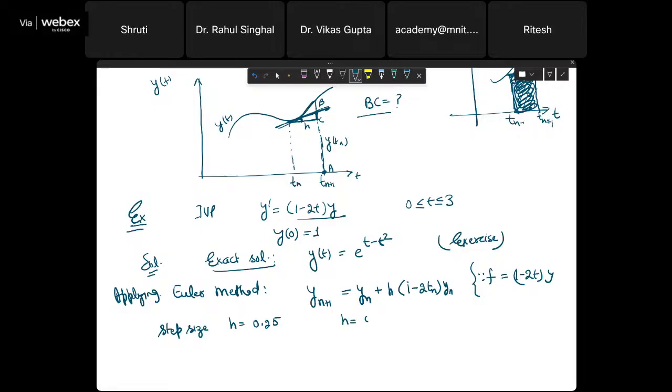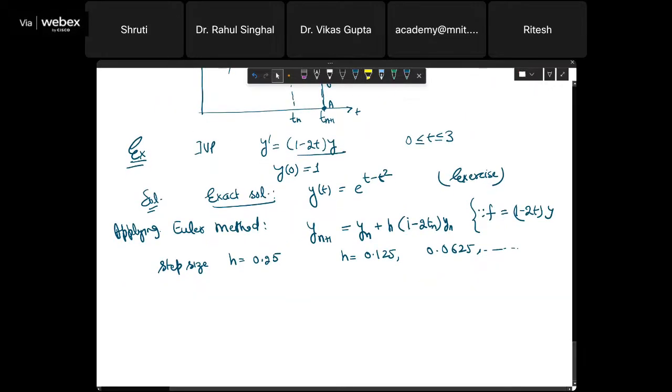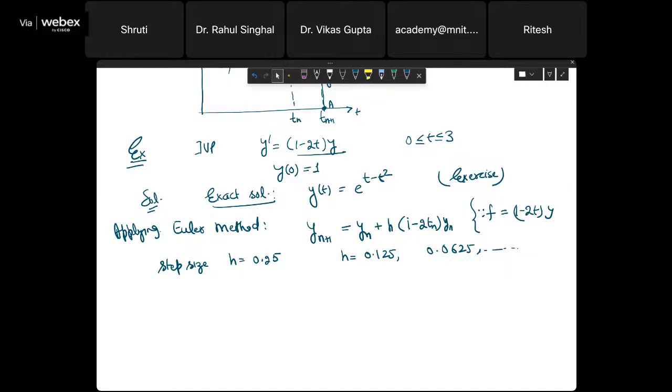The same thing you can do with different step sizes: 0.125, 0.0625, etc. First, if you take 0.25 and take the discrete points T0, T1, T2, and so on up to T12, because the step size is fixed at 0.25. The step size h is nothing but the final minus initial value divided by n. Here the interval is 0 to 3, so 3 minus 0 divided by n, so n is equal to 3 by 0.25.